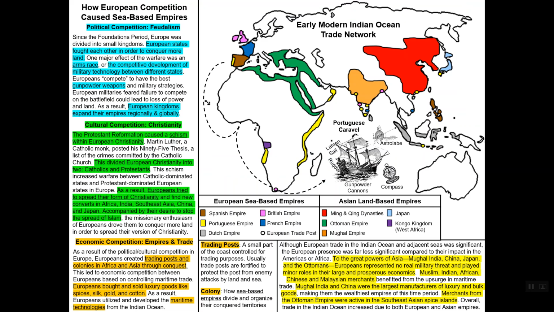If you remember when we talked about the initial exploration period and that there was competition, political competition between feudal states and cultural competition between Catholic Christians and Protestant Christians and Muslims trying to spread their own kind of religion, as well as economic factors. Some were similar, some were different.